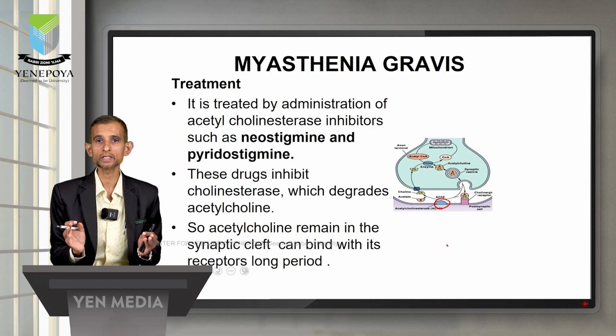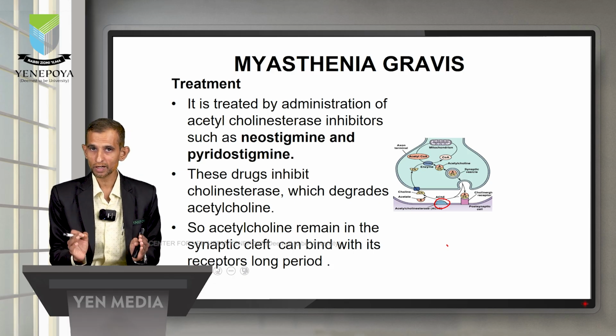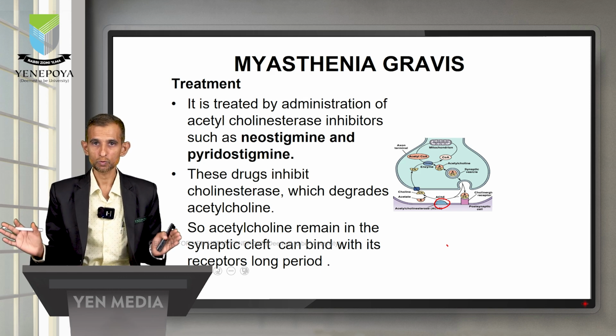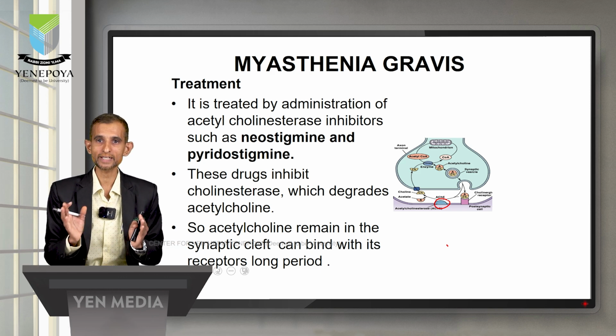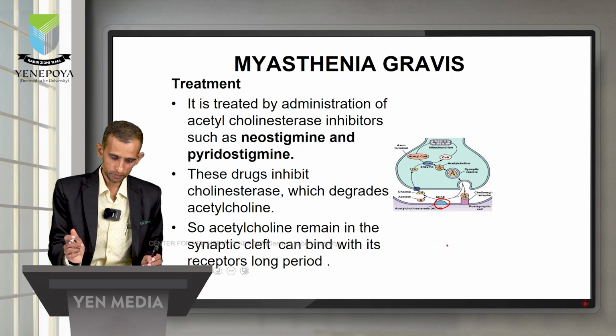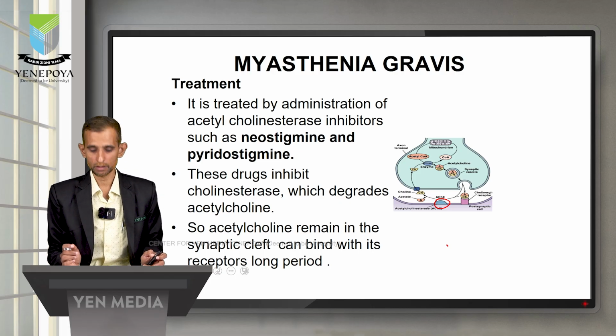Otherwise, what will happen here? Continuously, transmission occurs from the presynaptic membrane to the postsynaptic membrane. Continuous contraction, no relaxation takes place. Because of the presence of acetylcholine esterase, it leads to relaxation also. So, what is the treatment here?